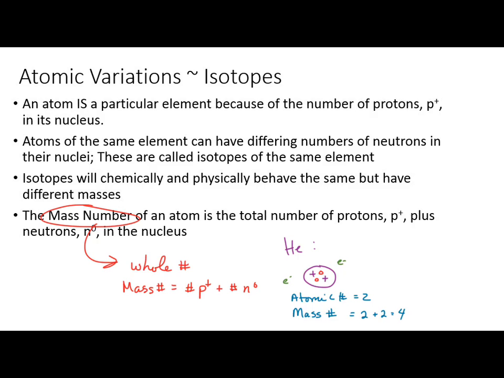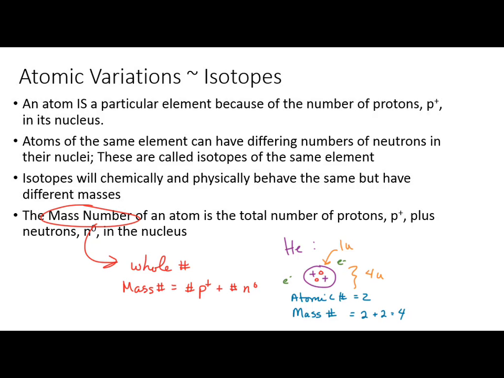Sometimes students want to skip right to the weight, and I understand, but it probably won't get you down the road. If each one of these particles weighs 1 AMU, the whole nucleus should weigh about 4 AMU, and it does.